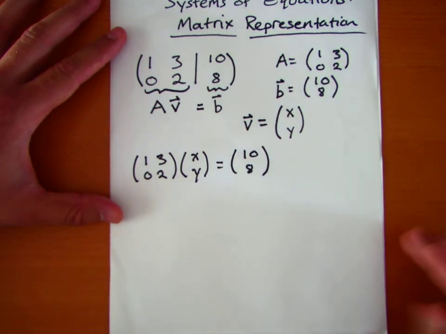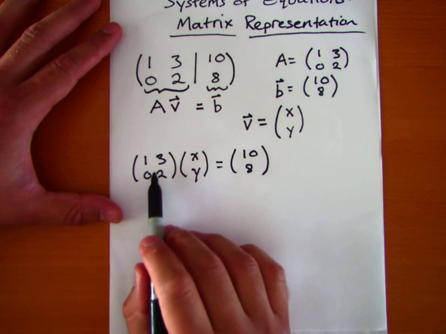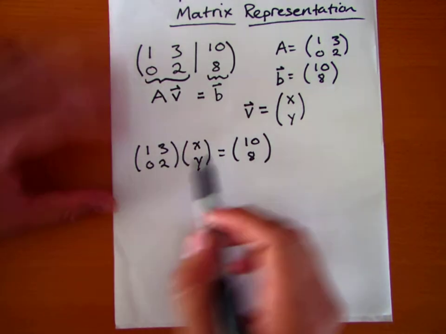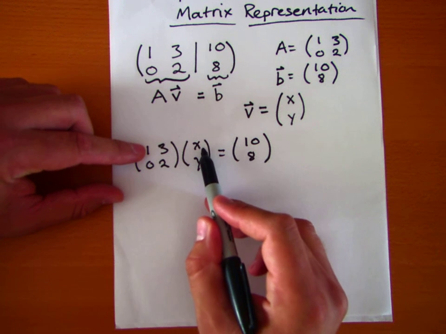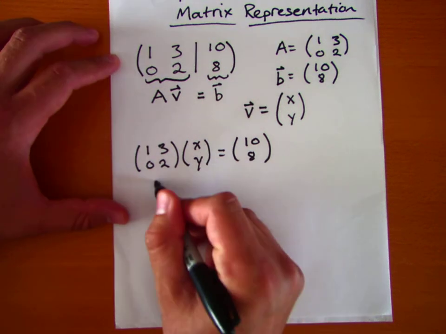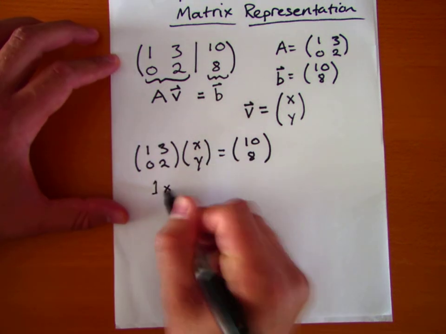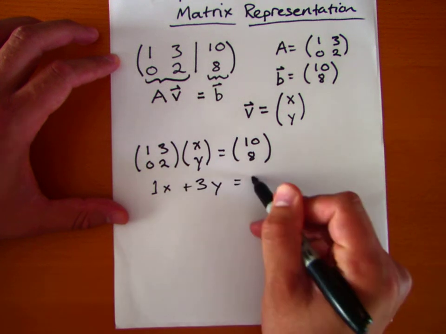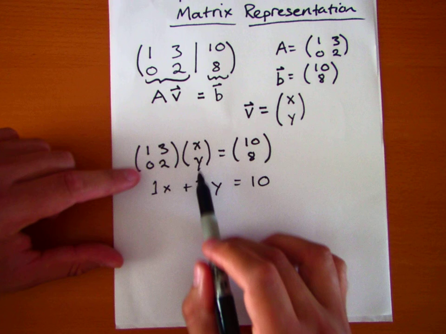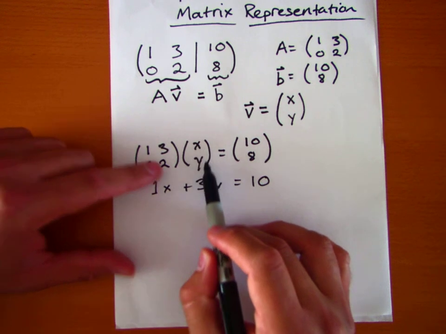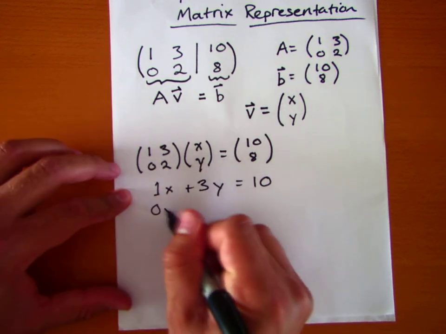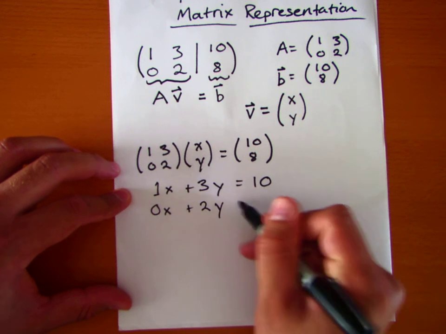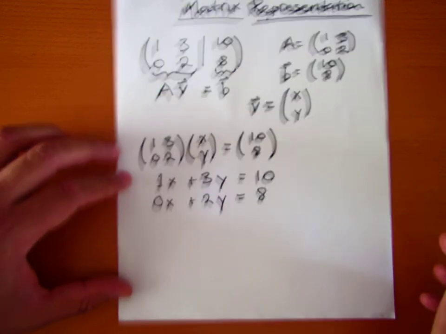And so all you have to do then is do some matrix multiplication on the left side here. And for the top row, we'll go 1 times X plus 3 times Y is equal to 10. And on the bottom, we're going to have 0 times X plus 2 times Y is equal to 8.